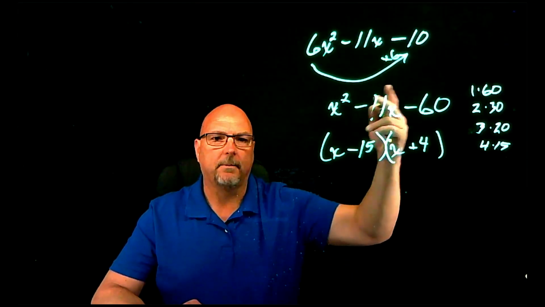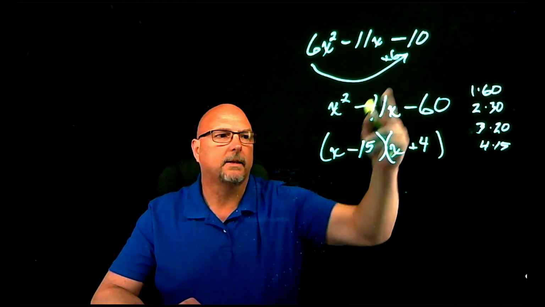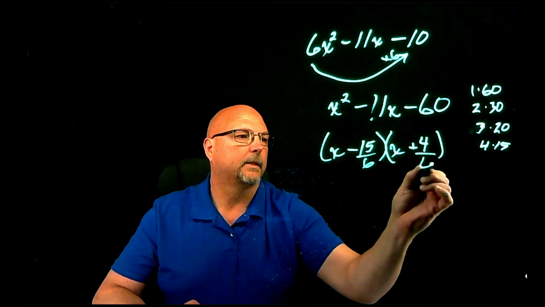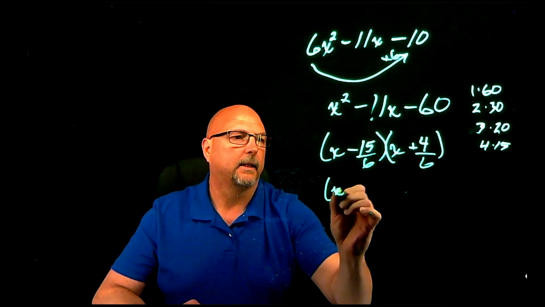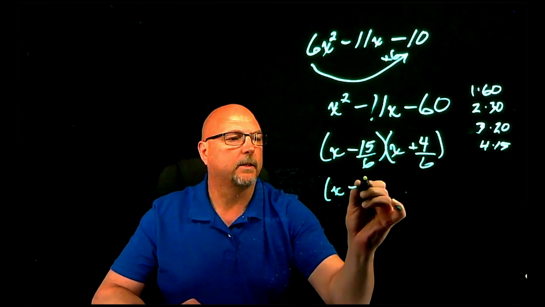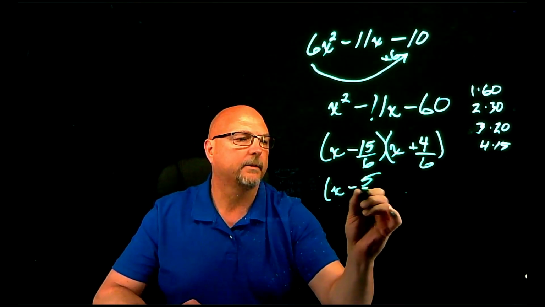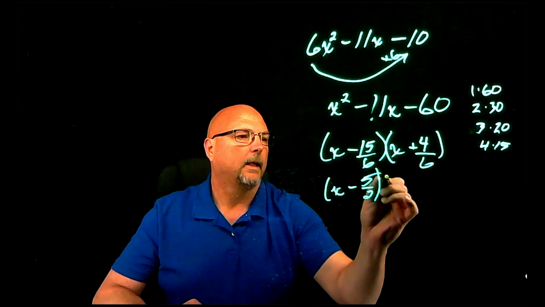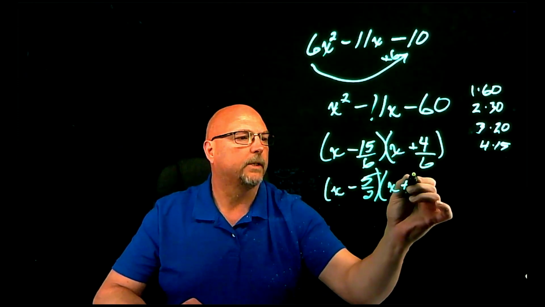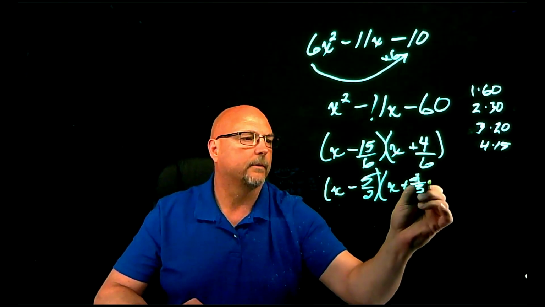This second step, remember we multiplied by 6, so we have to divide by 6 again. And we simplify that. 15 sixths reduces to 5 halves. And 4 sixths reduces to 2/3.